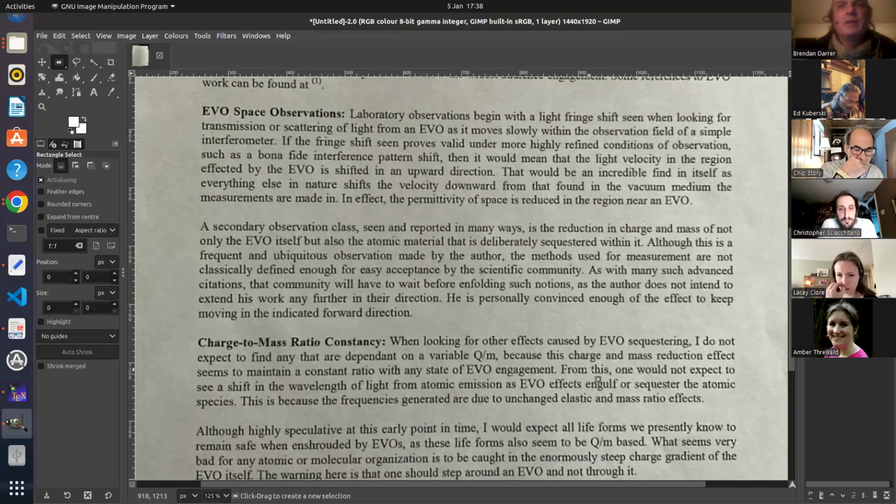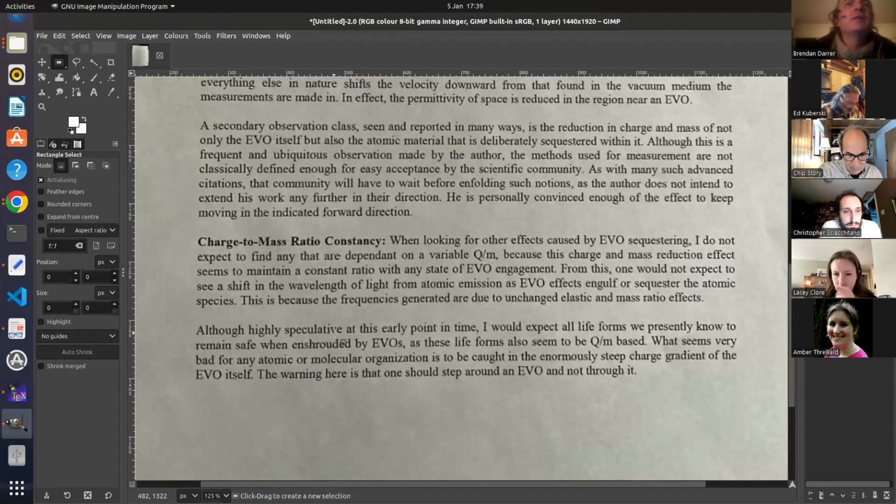From this, one would not expect to see a shift in the wavelength of light from atomic emission as EVO effects engulf or sequester the atomic species. This is because the frequencies generated are due to unchanged elastic and mass ratio effects.